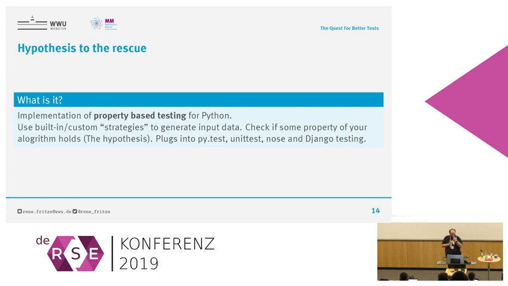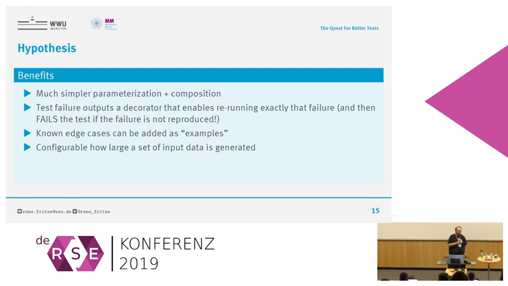This is a library that plugs into a couple of different test frameworks, which for us, in this one case that I was able to spend time on now, makes for much simpler parameterization. It is much easier to compose tests with it.